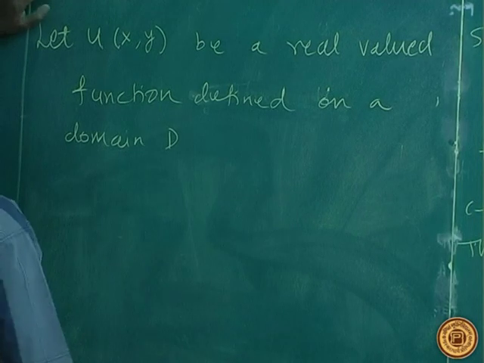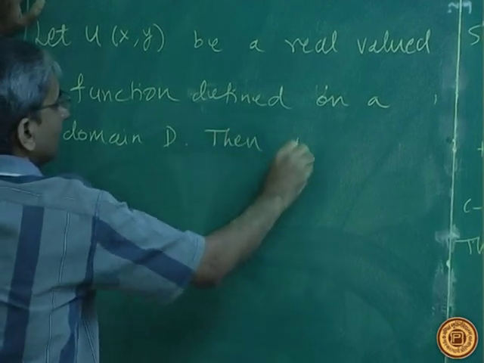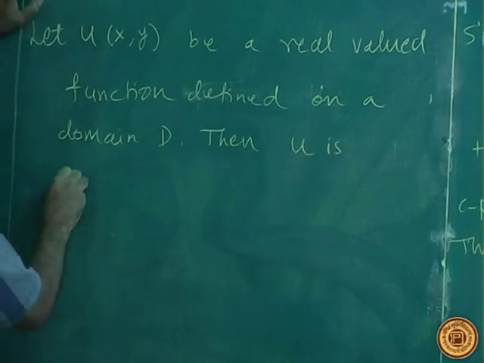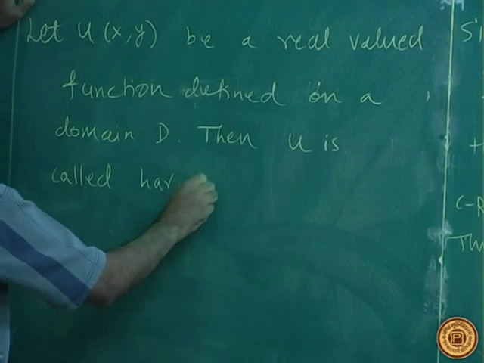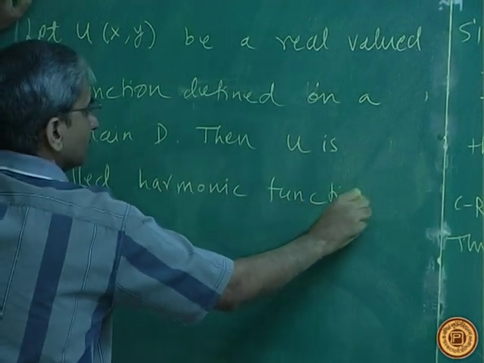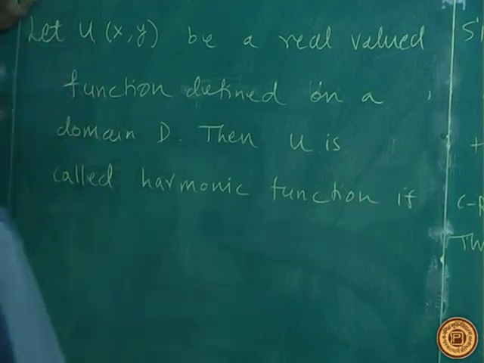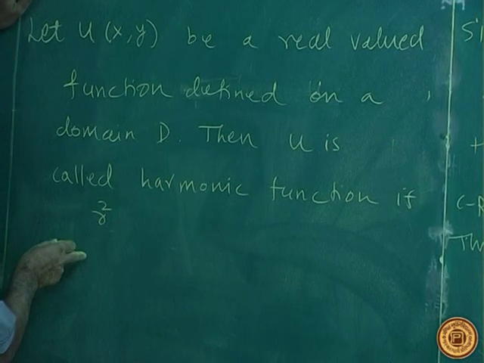Then u is called a harmonic function if ∂²u/∂x² exists.